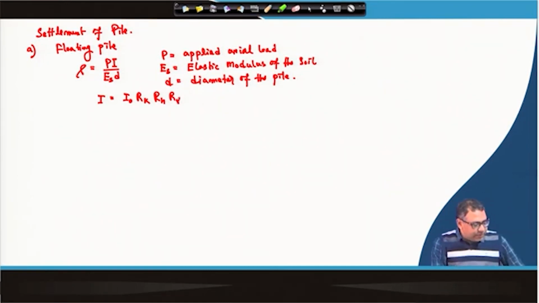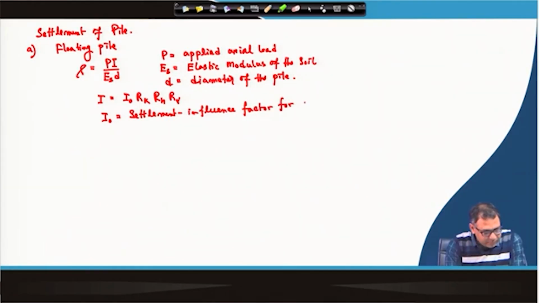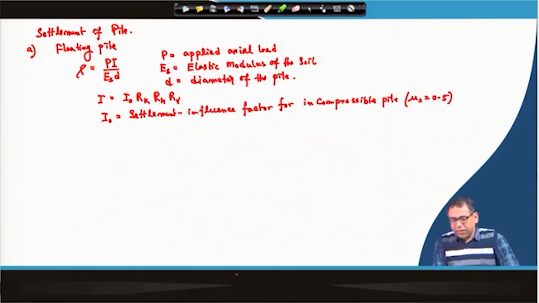Now, what is I 0? This I 0 is the settlement factor for incompressible pile when mu s is equal to 0.5. That means this is the settlement influence factor for incompressible pile.